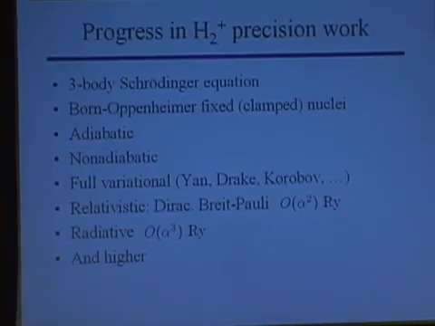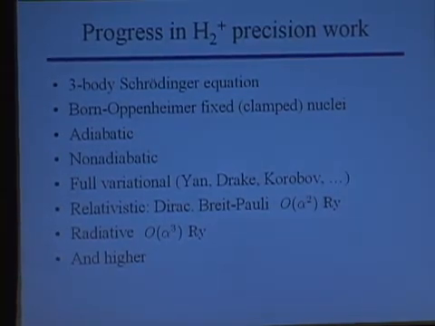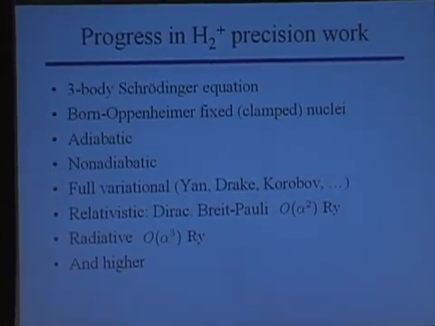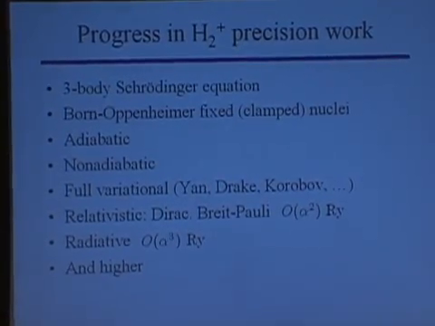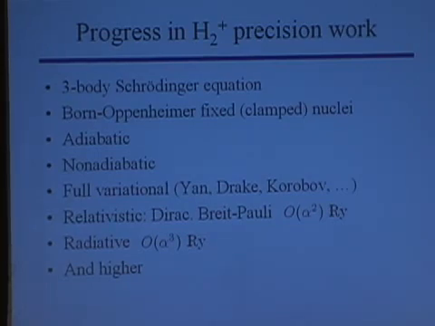There's been a lot of progress in work on H2+ precision work. Gordon talked about some of the aspects. Things started out really in the Born-Oppenheimer picture, which Alex had worked on with Bates and others, and rapidly progressed to adiabatic approaches, which he had worked on with McCarroll, non-adiabatic approaches, and even now in the modern era, there's work on full variational approaches, such as was talked about by Gordon, work by Zhongchao Yan, Gordon Drake, Korobov, and others.